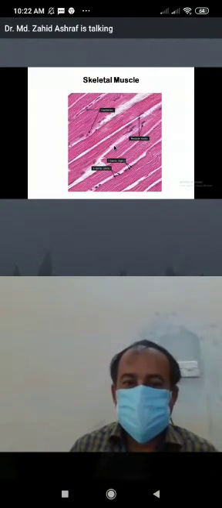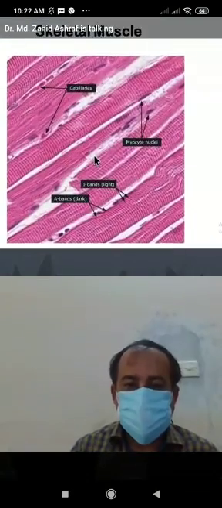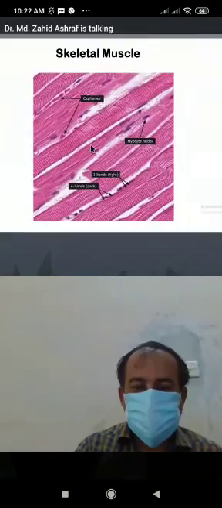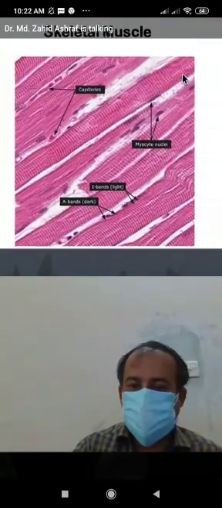Now, there is a histological slide of skeletal muscle. This type of slide is also present in our histology room, and you will see it in a later class when you are present in your classroom. Here the skeletal muscle is formed by muscle fibers.